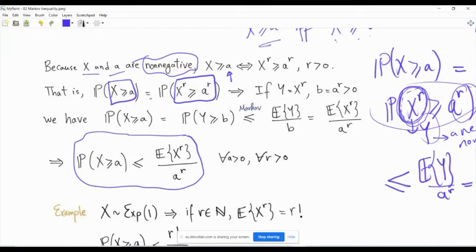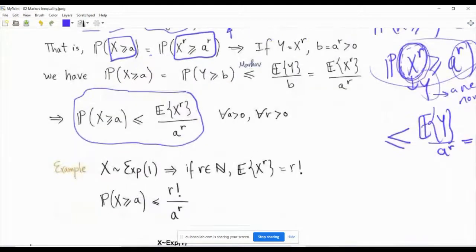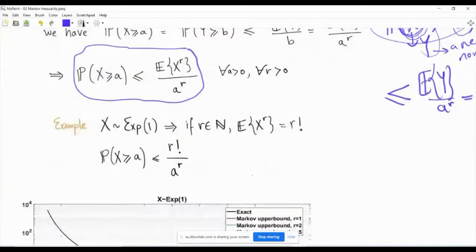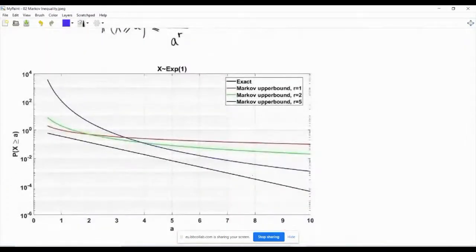So you can see that the Markov inequality itself may not be that useful. It's useful in some derivations. Even if it's not used in practice for computing things, it is useful in derivations. But it can also be modified so that it becomes more useful by playing with this parameter r. I did the same thing as in the previous example.